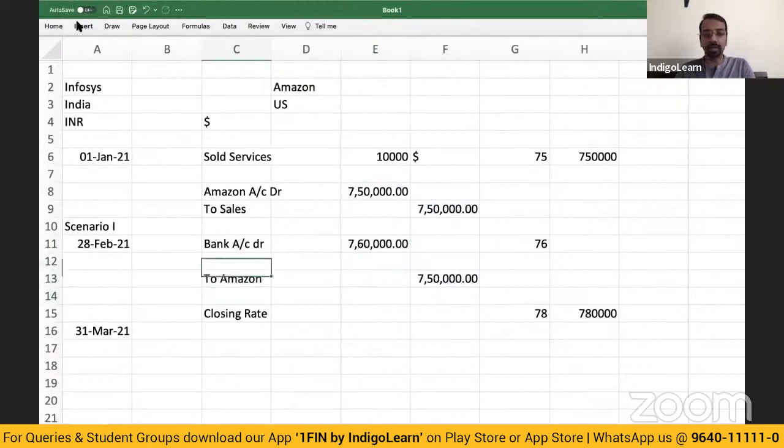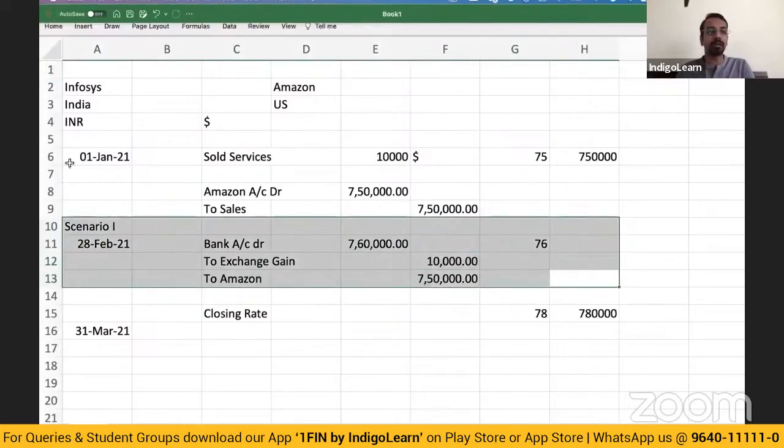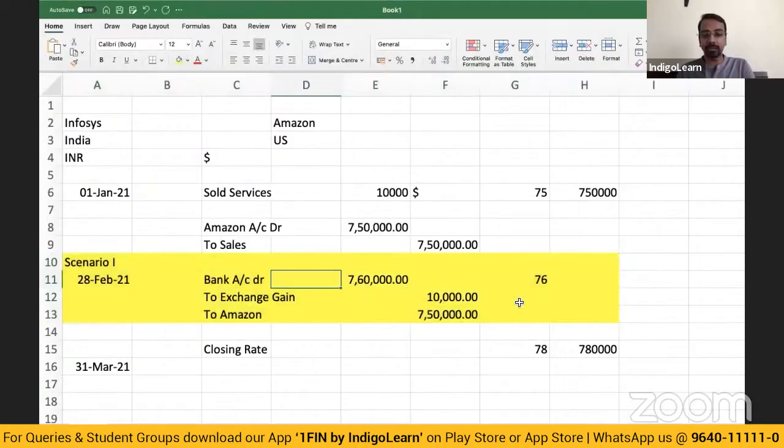It is not increased. The difference will be gain to exchange gain. What is the exchange gain? 760 minus 750. Exchange gain means basically foreign exchange gain. This is the gain that you will recognize. This is the first scenario. If the transaction is settled, any gain or loss arising will be taken to P&L.